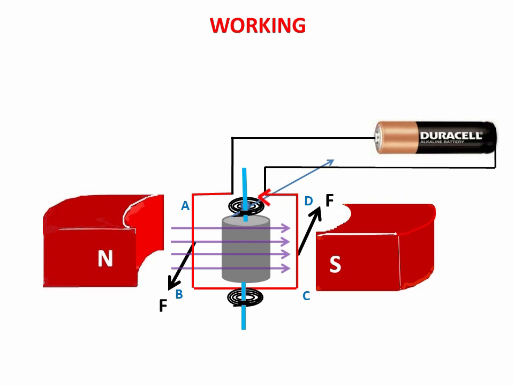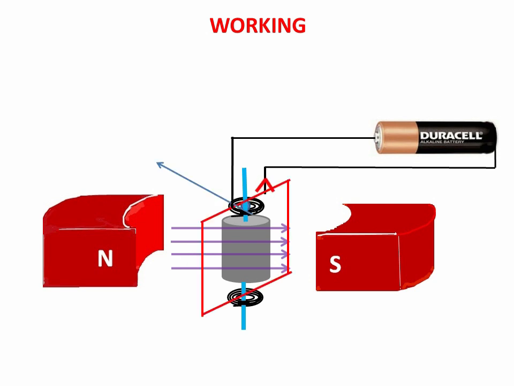According to Fleming's left hand rule, the side CD experiences a force which is moving towards the screen, that means opposite to the direction of the observer. Hence, it constitutes a couple, so that the coil is rotated from left hand side to right hand side.